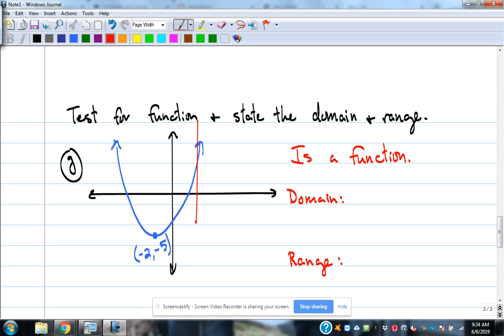Okay. Remember, domain is x values. So x values are left and right. Okay. So when we look at this graph, if we're thinking domain, I'm going to read this graph from left to right. So when I see this arrow on this left-hand side of that, it's going up and kind of out to the left, further and further.